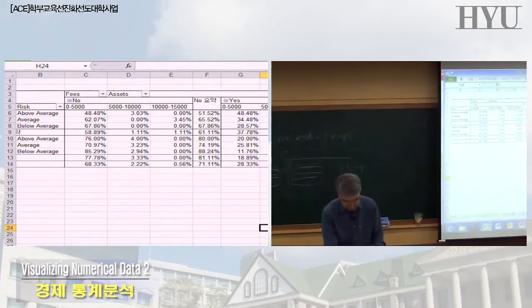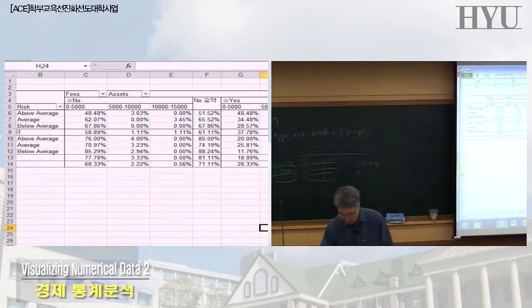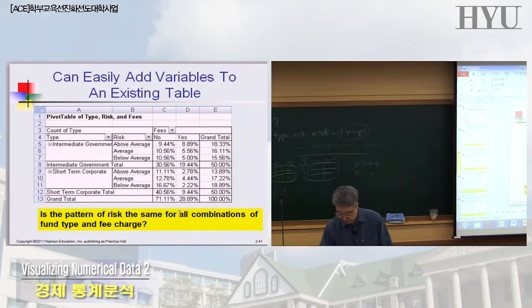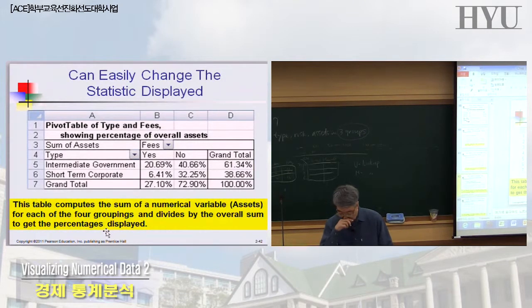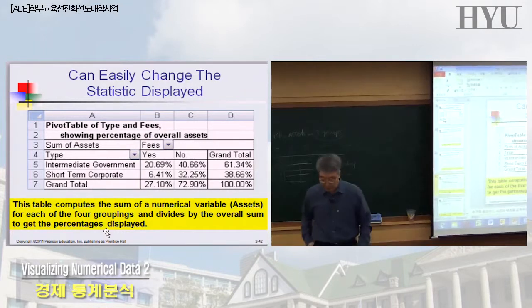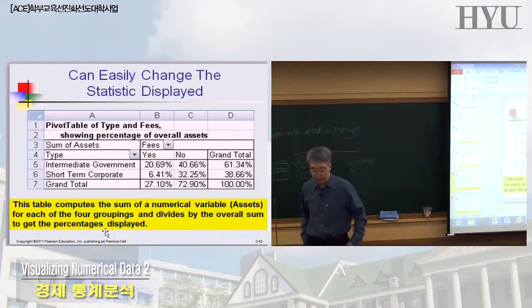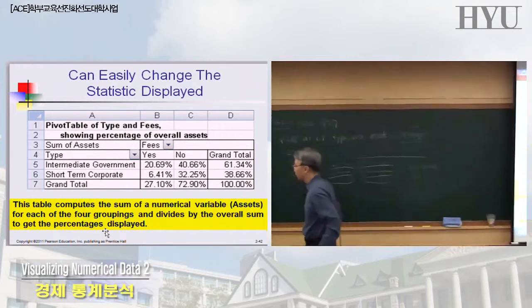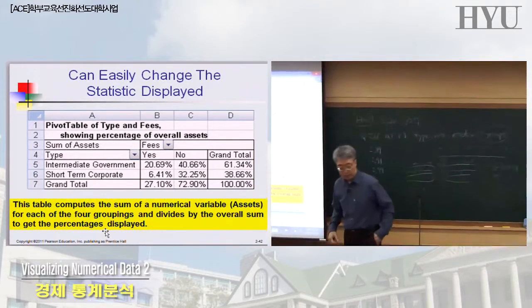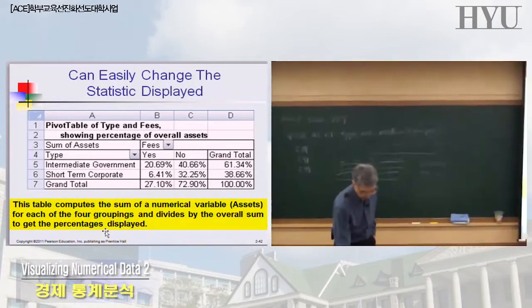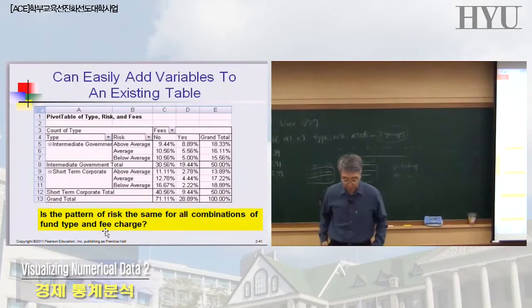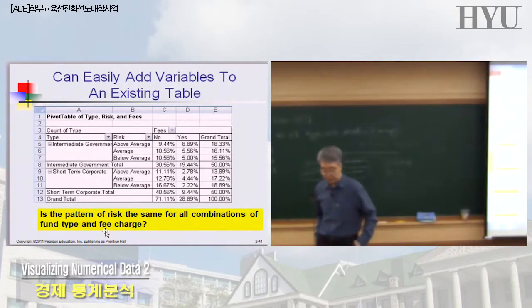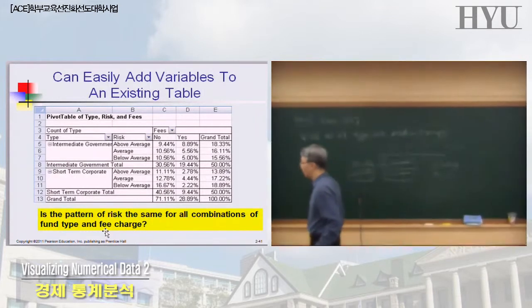Okay, so we did all those things, adding the variables, and you can easily change the statistics displayed. So what this means is, so far we dealt with the count.